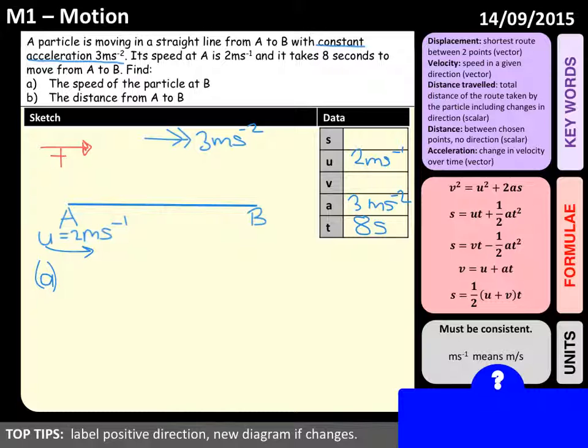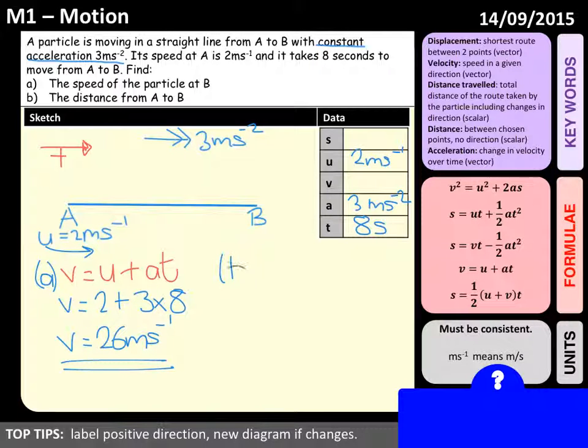So looking at the formula on the right hand side, I'm going to select V equals U plus AT. Substituting in my values then, I don't know what V is, so I'll keep that as V equals 2 plus 3 times 8. So the velocity equals 26 meters per second.